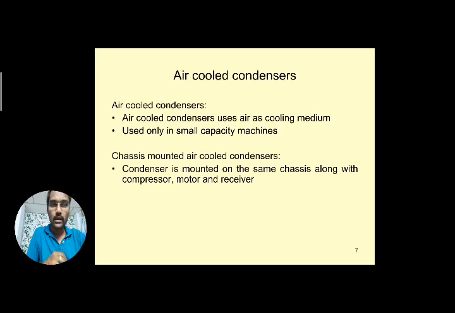Now, how to identify chassis mounted? As already explained, the condenser is mounted on the same chassis, which means just like a base. The chassis is a hard base, mostly used in the automobile field.